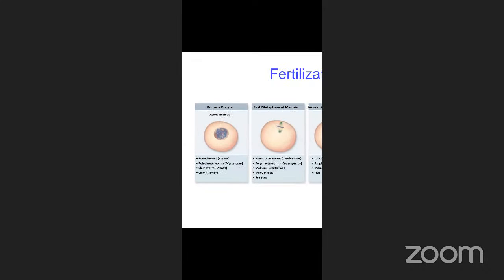Now, after activation, the egg is triggered to complete meiosis, the cytoplasmic contents rearrange themselves, and protein synthesis and metabolic activity sharply increase. The primary oocyte usually has a diploid nucleus.